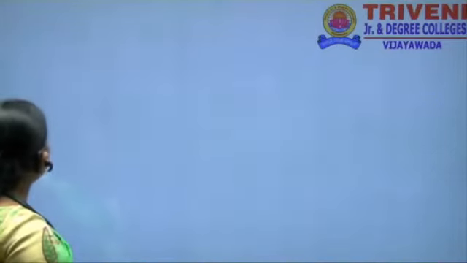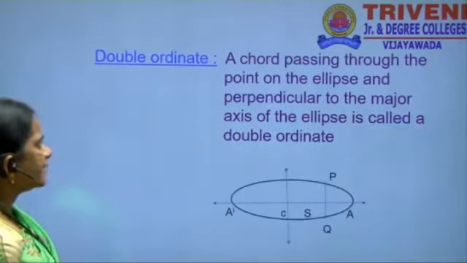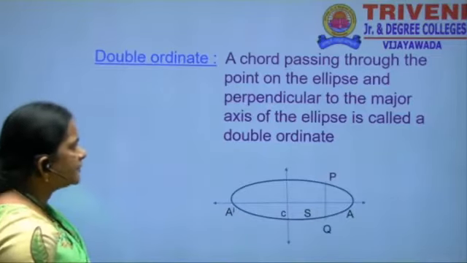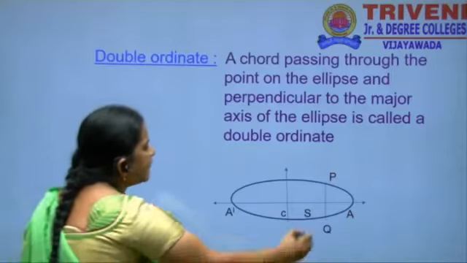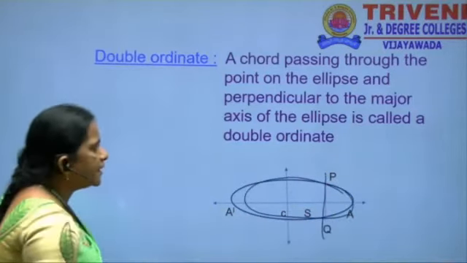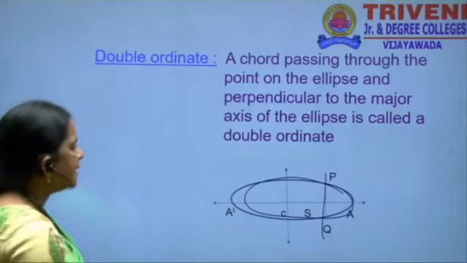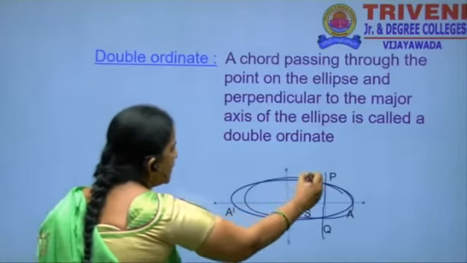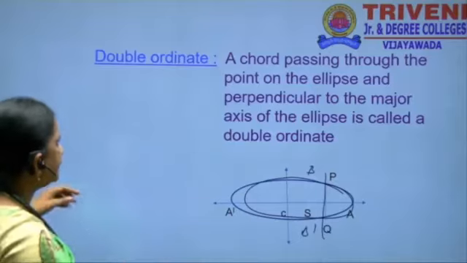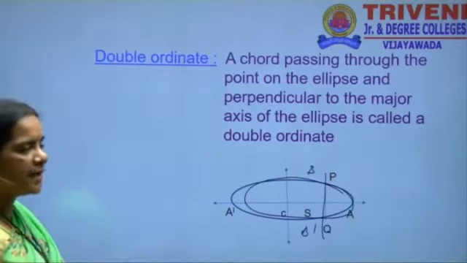And then the next definition is double ordinate. Double ordinate means a chord passing through a point on the ellipse and perpendicular to the major axis is called a double ordinate. Here BB dash is the minor axis and AA dash the major axis. This is the double ordinate, a chord passing through the point and perpendicular to the major axis.